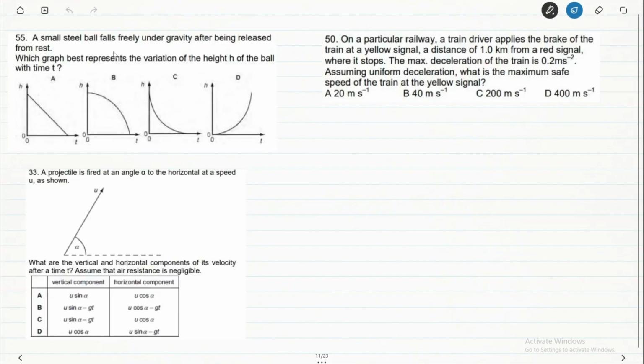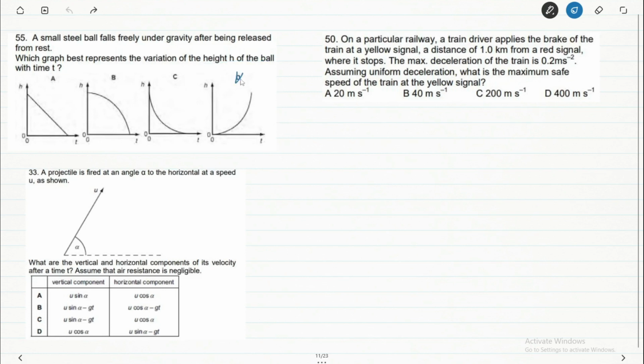Now, a small steel ball falls freely under gravity after being released from rest. Which graph best represents the variation of height with time? As it free falls, the height above the ground decreases, because the ball is falling from a height which is decreasing.